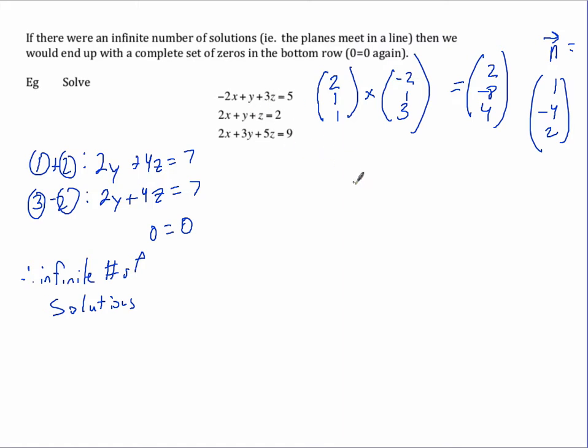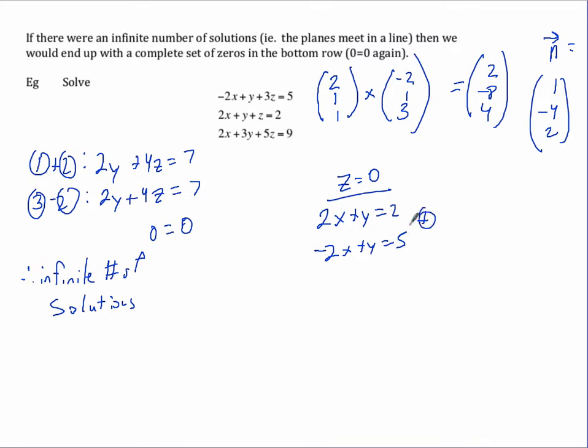Okay, so that's what I'm going to use. And now somewhere along this line, the z value is going to be equal to 0. So I'm going to plug in z equals 0 and find the x and the y values to get the initial point. I get 2x plus y equals 2 from the second equation, and negative 2x plus y equals 5 from the first equation.